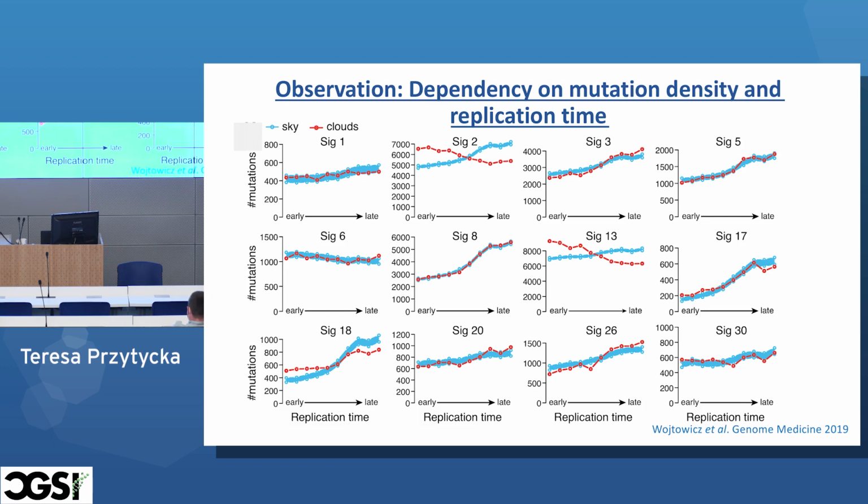What we see here is that the probability of the mutation depends on whether a given region is replicated earlier or later. You can see that dense and sparse mutations often have different properties with respect to replication time. So that's some of the insight that we obtain this way.